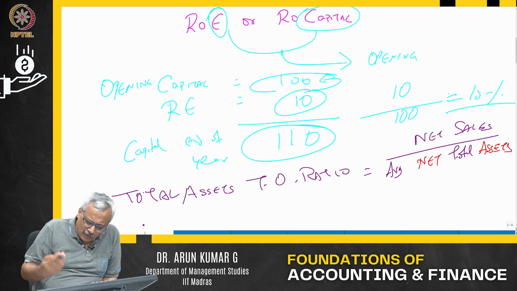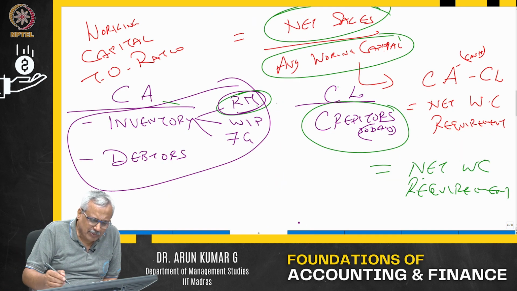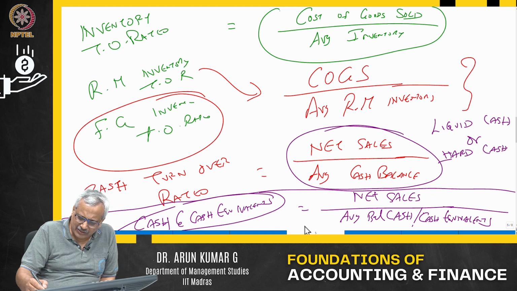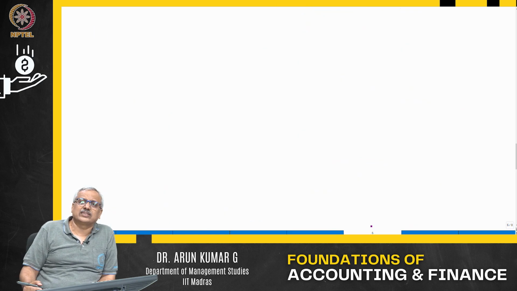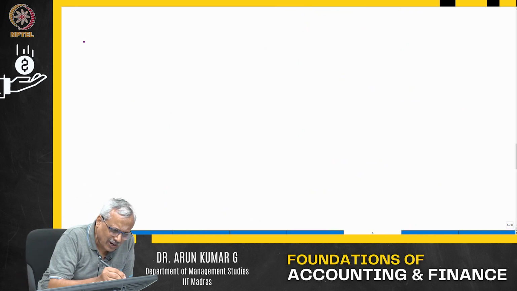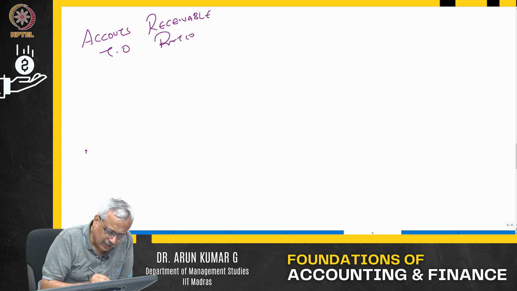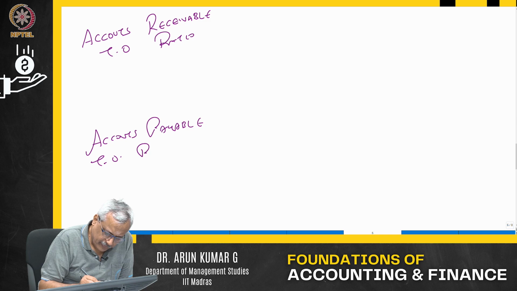Now, we talked about working capital, I talked about the inventory turnover ratio, I talked about the cash cycle out there. I can talk about two more ratios in the context of working capital. I can say accounts receivable turnover ratio or accounts payable turnover ratio.